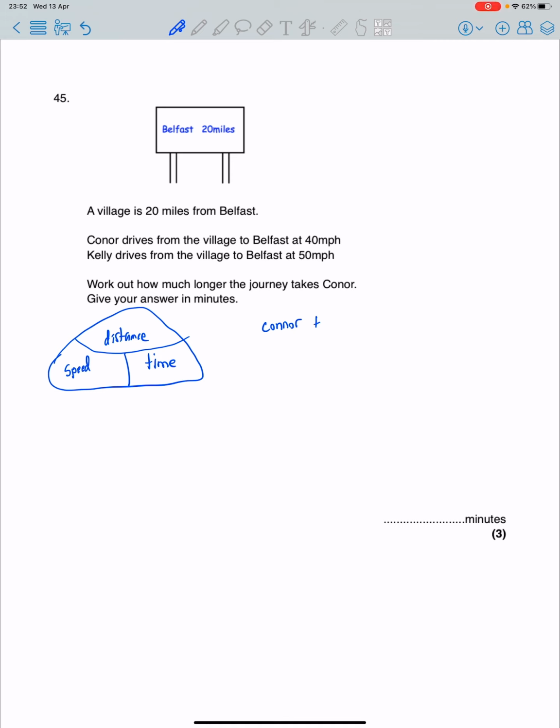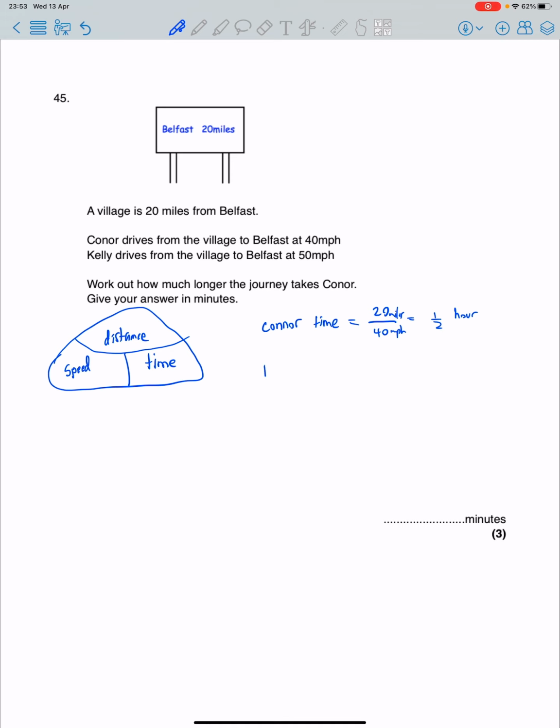So Connor time is equal to distance, which is 20, divided by speed, which is 40. So 20 miles divided by 40 miles per hour. That's going to give you a half, and the units is half an hour.